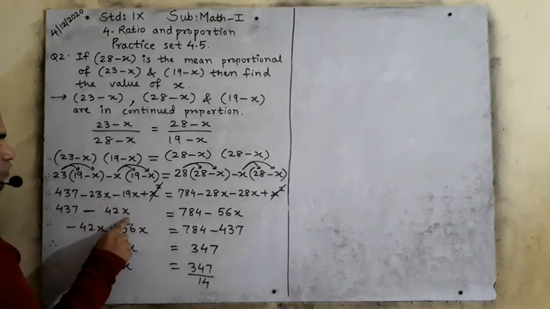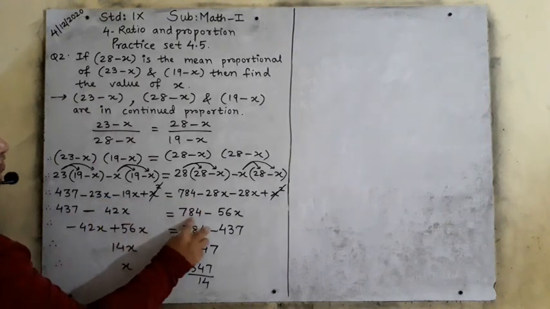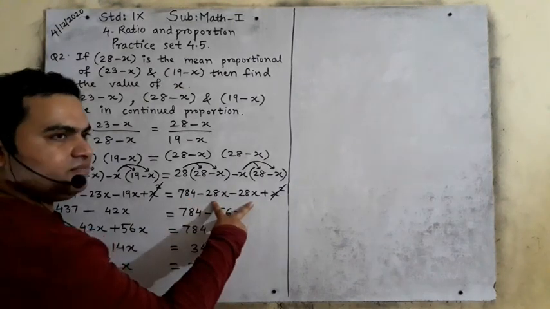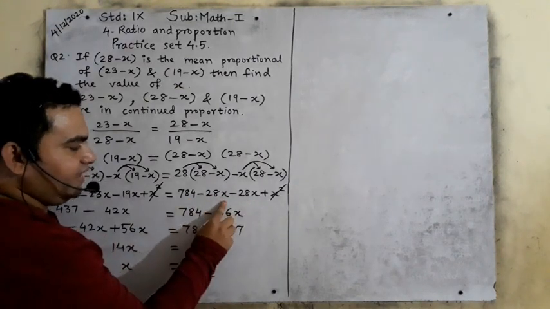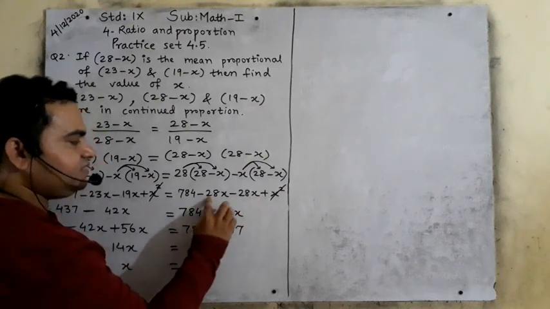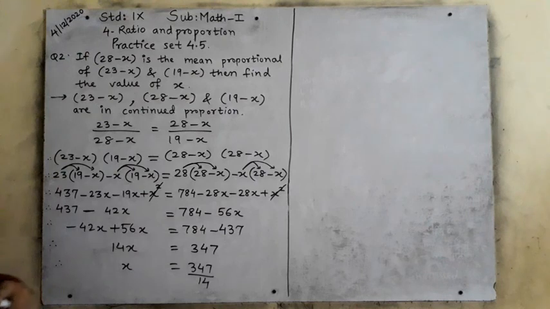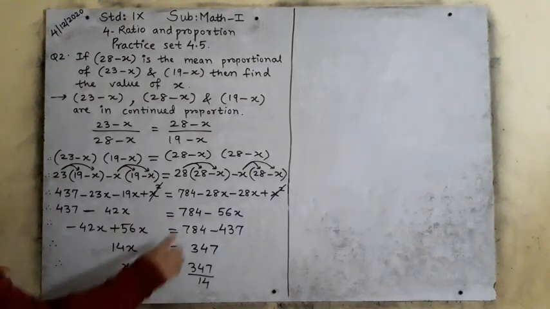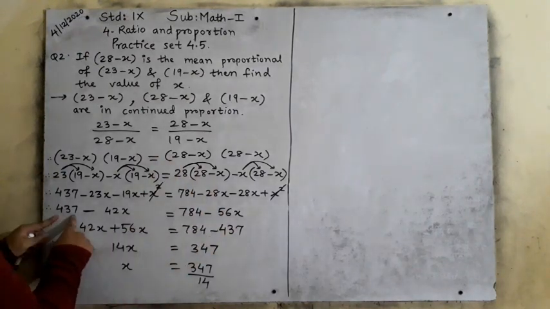So minus 42x. Now here 784 as it is. These two are like terms. Minus 28x minus 28x, 28 plus 28 is 56, minus minus minus, addition of numbers. So minus 56x.